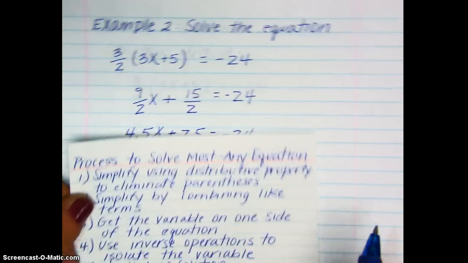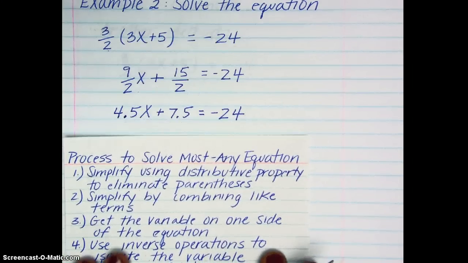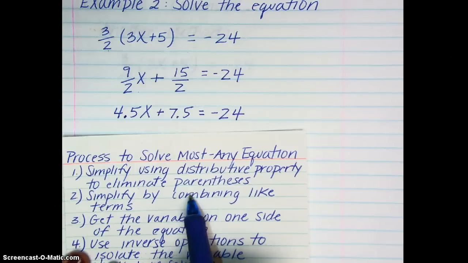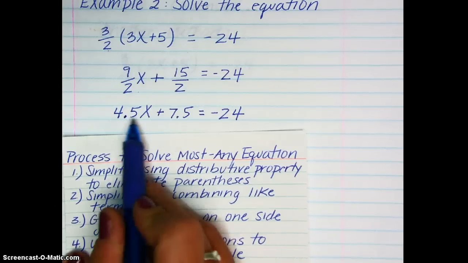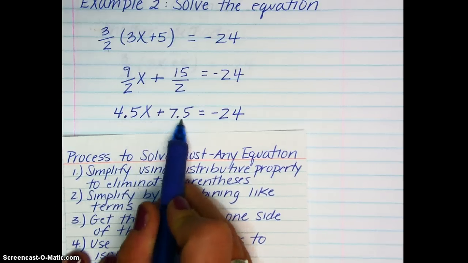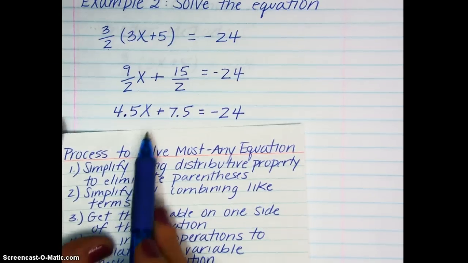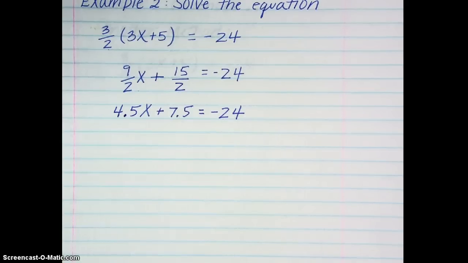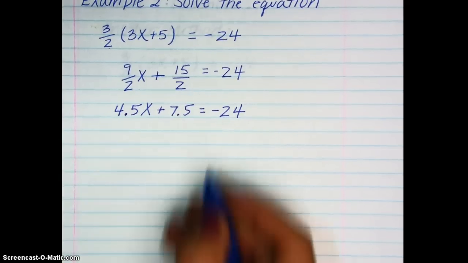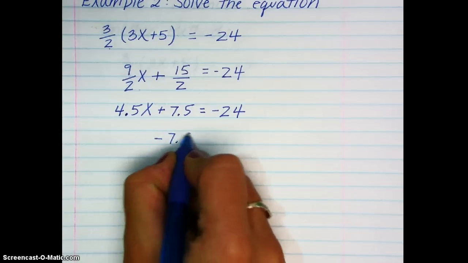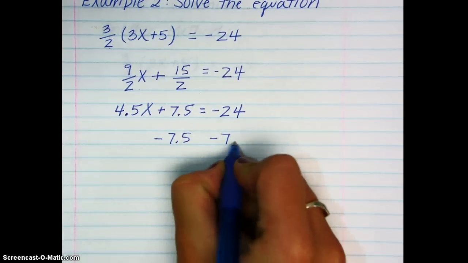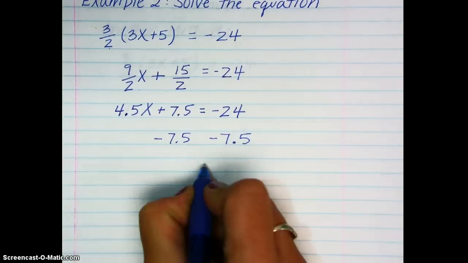Second step is to simplify by combining like terms. Well, we don't have any like terms here, 4.5x plus 7.5. No like terms. The fourth step, getting the variable on one side, it's already the case, so now we use inverse operations to solve. First step would be to subtract 7.5 from both sides.